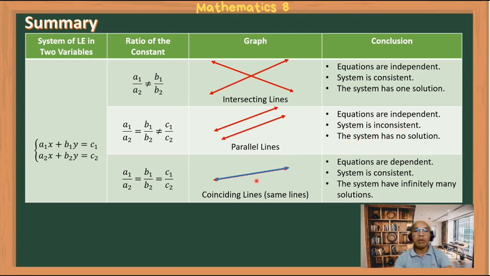It could also be that the graphs are coinciding lines, which means that the equations are dependent, the system is consistent, and the system has infinitely many solutions. By just looking at the coefficients of x and y and the constants, we can also identify what type of system is being illustrated.